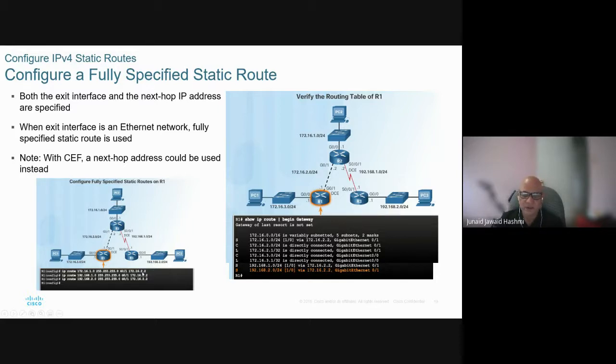Why? Because Ethernet uses broadcast. Okay, no, it's not because of broadcast. Sorry. But with an Ethernet interface, the routing is much faster if you use both, the name of the interface and the IP address. But it can also work if you only use just the name of the interface or the IP address. Okay, it will work, but it's best practice to use both on an Ethernet interface. It's recommended by Cisco.